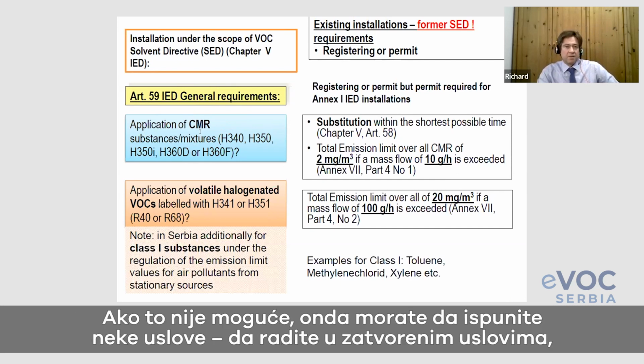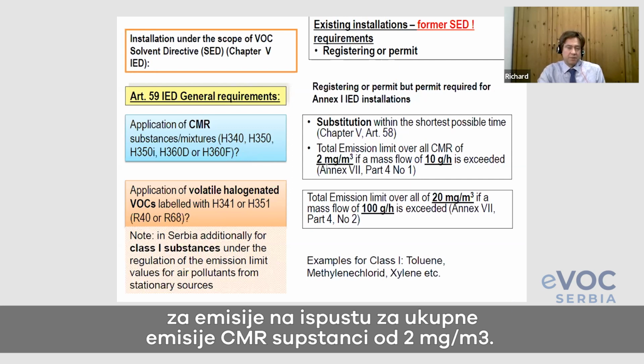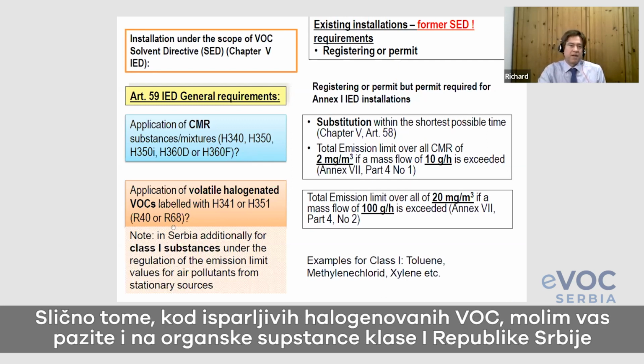But if substitution is not possible, then first you have to work in a contained way. And for the stacks, you have this 2 milligrams as mass concentration for all CMRs in the stack. Similar is the case with volatile halogenated VOCs.